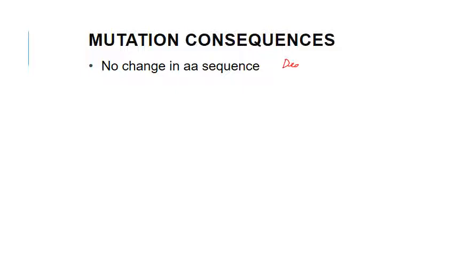Due to the degenerate nature of the triplet code, where more than one triplet may code for the same amino acid, a change to the triplet code, a change to the nucleotide base sequence, may result in one of those other triplet codes coding for that same amino acid, and therefore there will be no change to the amino acid sequence, no change to the primary structure, and no change eventually to the tertiary structure.